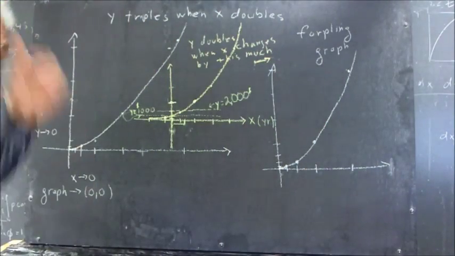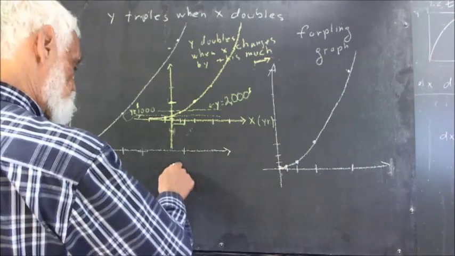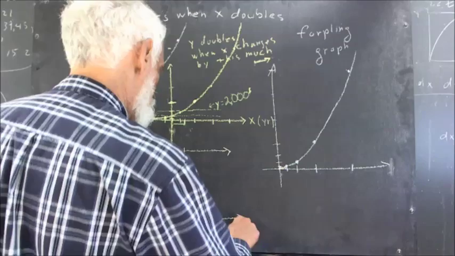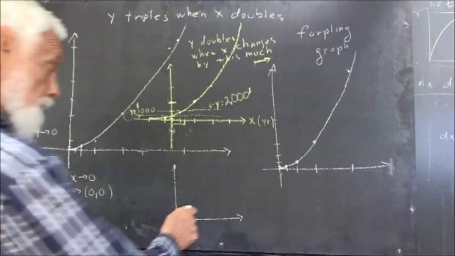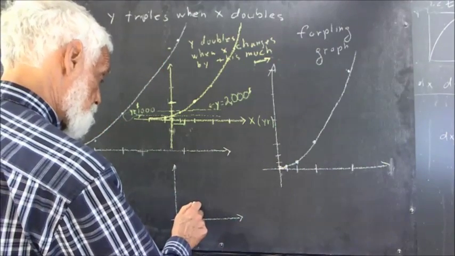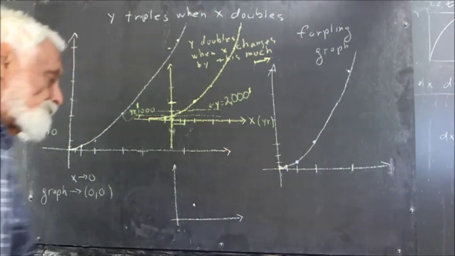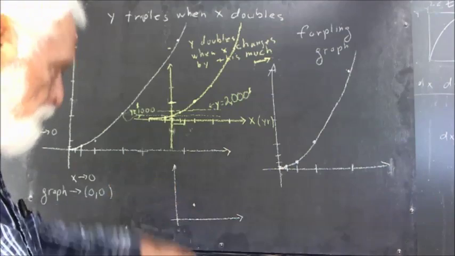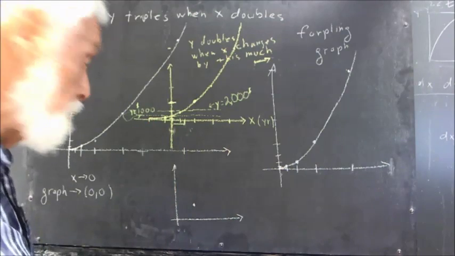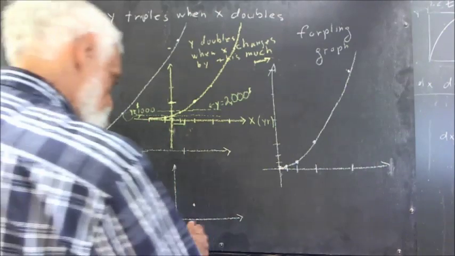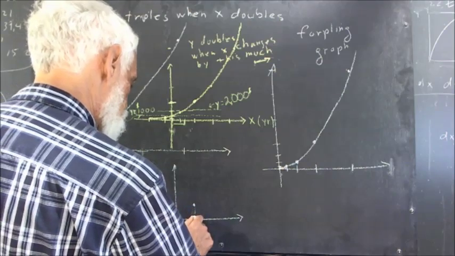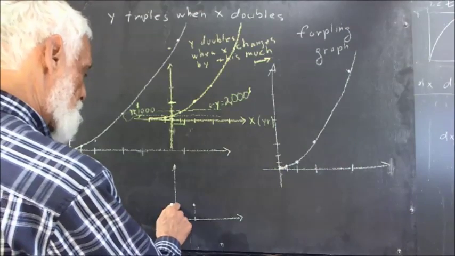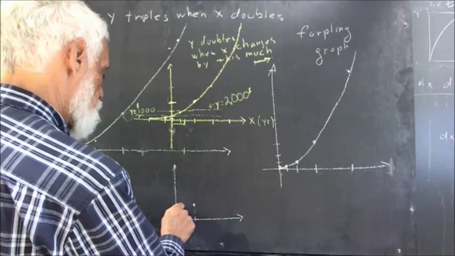And the way this graph was constructed, we started with an axis. And I just had somebody come up and put a point on the board. So a point maybe about here. Now, if y increases by a factor of 4 when x doubles, what do we do? Well, have people come up one at a time like they did before, just like we did with the tripling graph. So here's our first x, here's our first y.